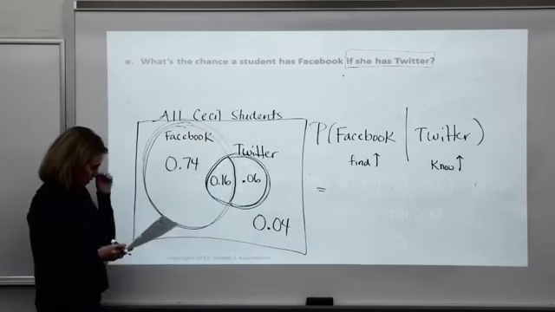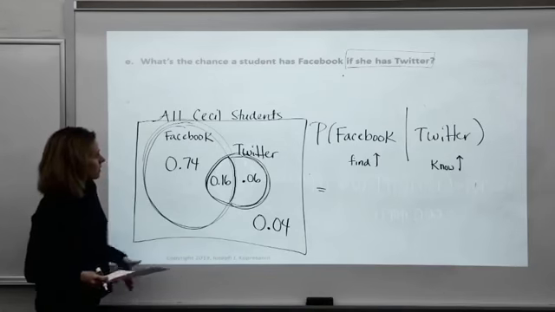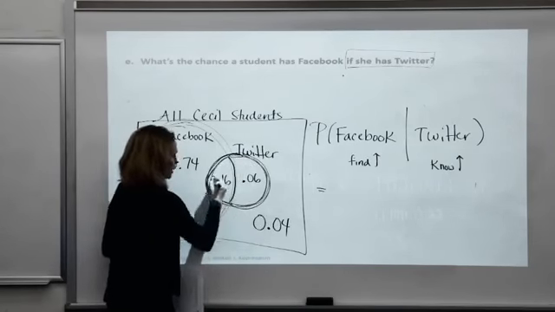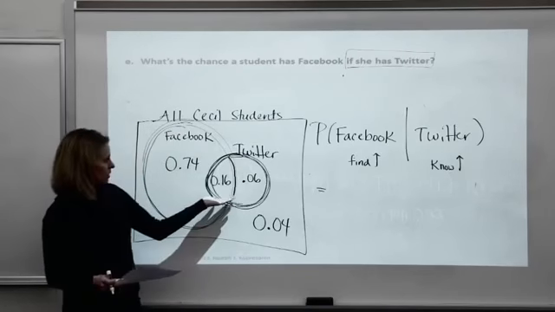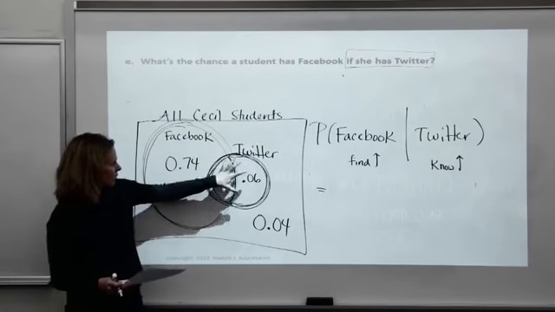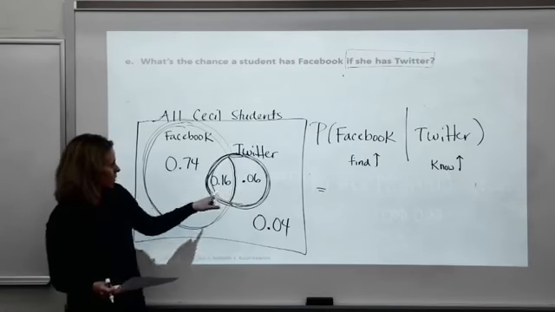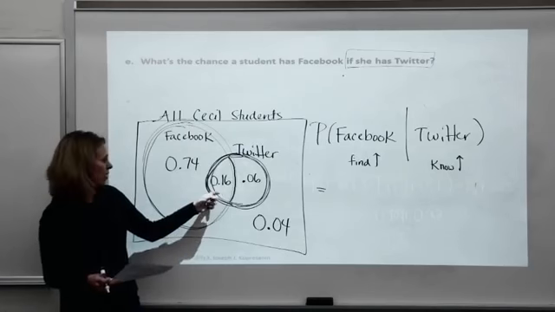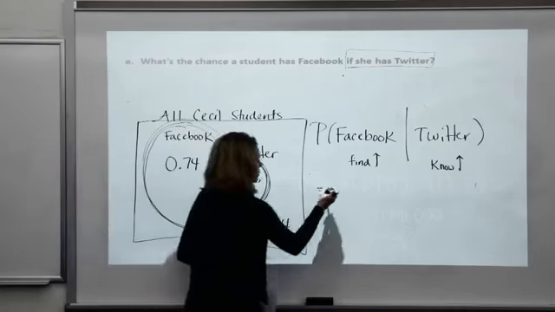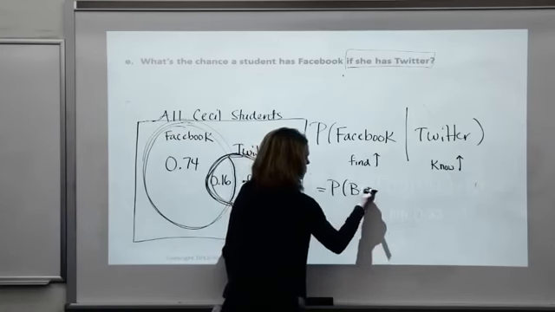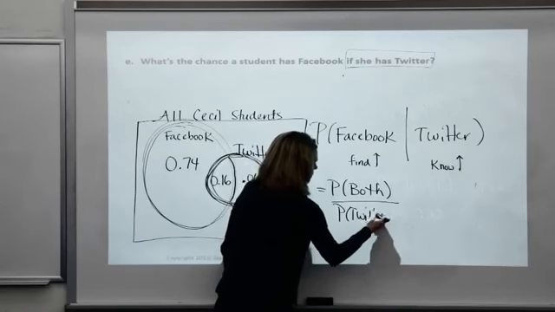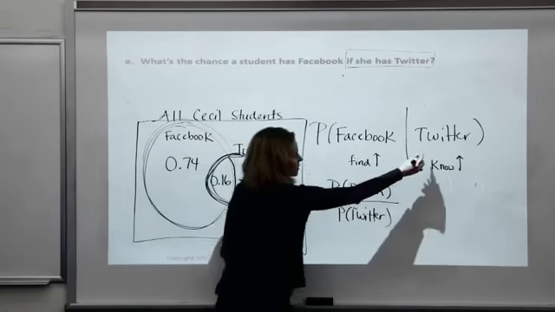And let's think about this. If we know that the person has a Twitter account, we're really only looking at these students right here. They've got a Twitter account. So that's sort of what our total is going to be out of. And out of the 22% that have a Twitter account, what's the likelihood a person has a Facebook account? Well, 16% out of the 22% do. So we'll compute this by finding the probability that a student has both of these accounts divided by the likelihood that they have a Twitter account, since that's the one that's known.